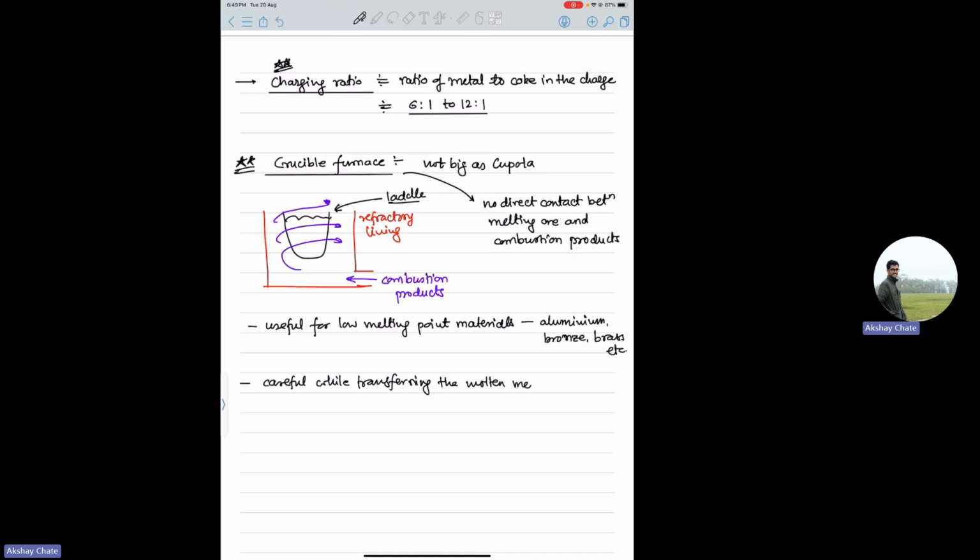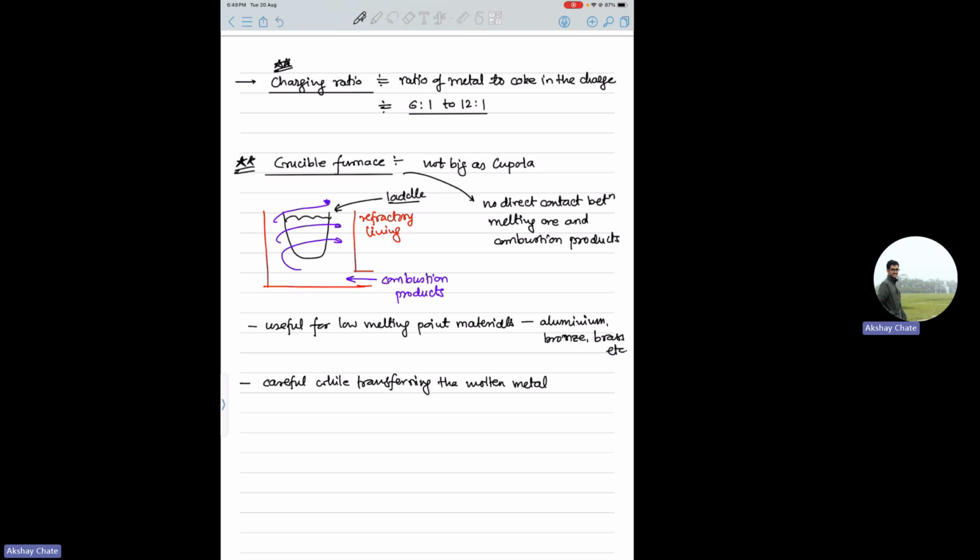Since it's a ladle, there will be significant heat loss when you take it out from the refractory or your furnace. Sometimes the solidification may start in your ladle only, so you have to take care of those things. But the advantages are that it is easy to maintain, has low losses, and is environment friendly as compared to cupola, etc.